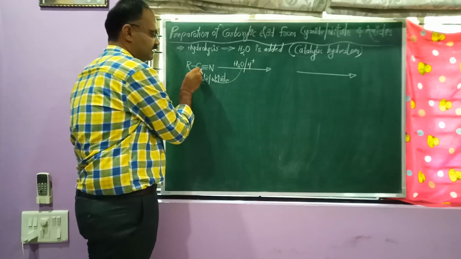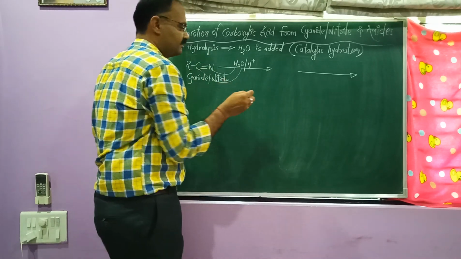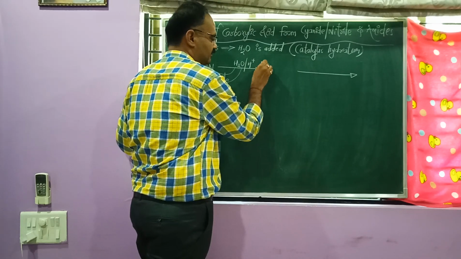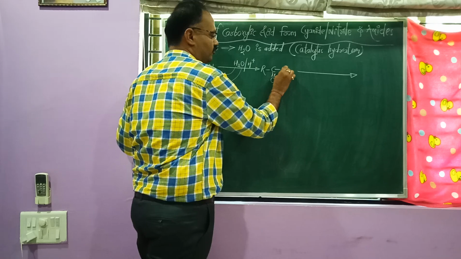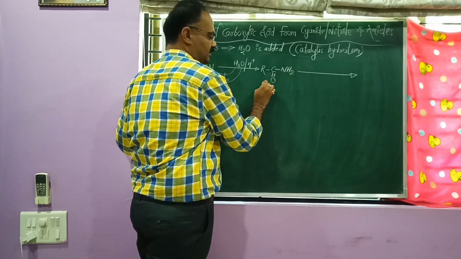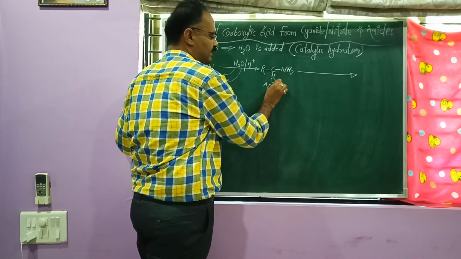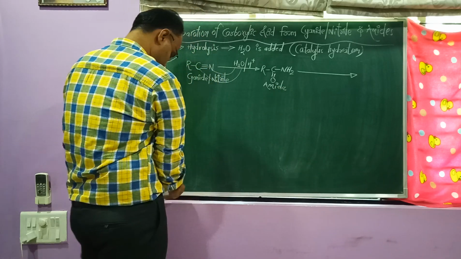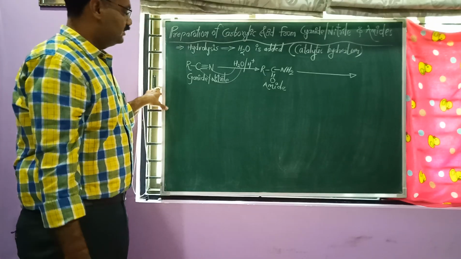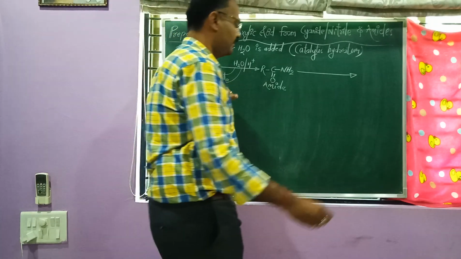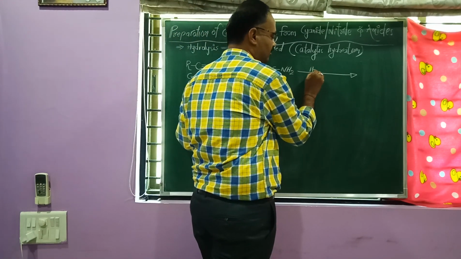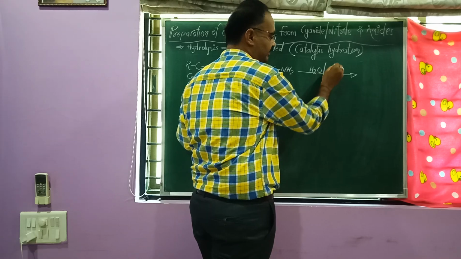Oxygen should be added here, hydrogen should be added here. Means here formation of R C double bond O NH2. Name of this compound is amide. So cyanide or nitrile can be converted into amide, and here again we have hydrolysis in presence of acid or base.